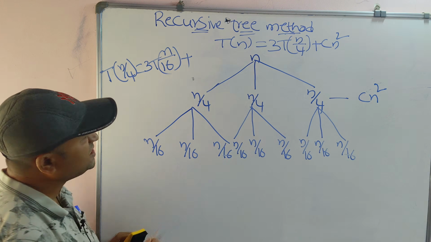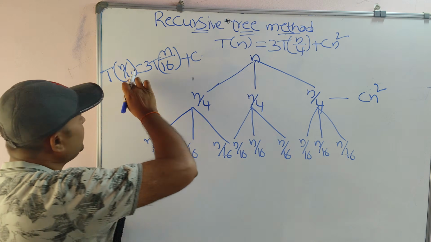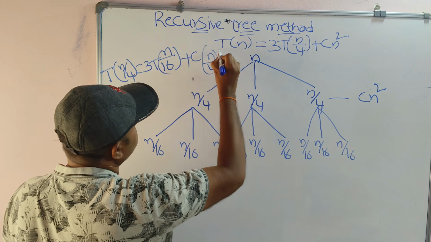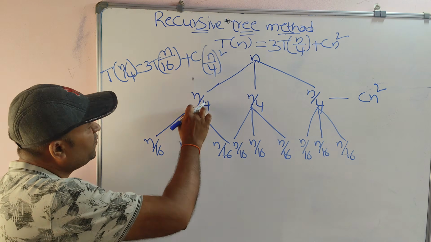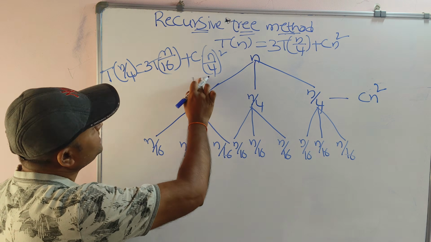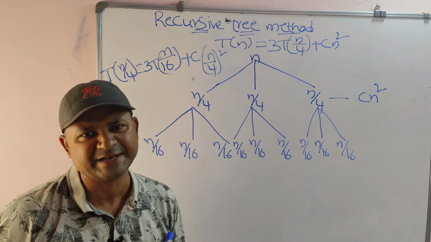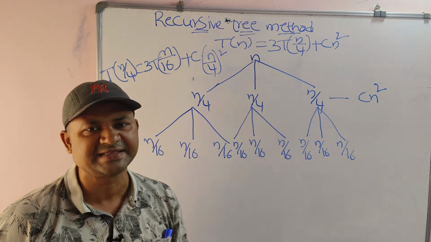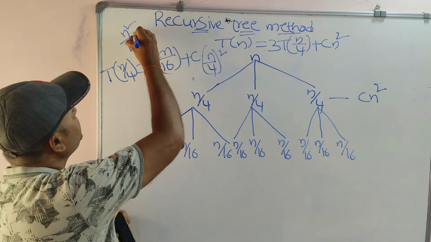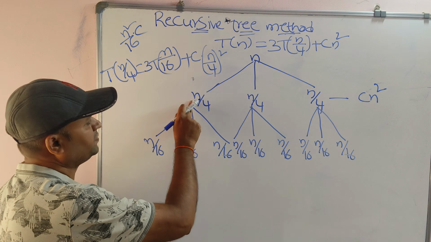Now let us focus on merging. So plus c into, in place of n, we substitute n/4, so (n/4)². That means for this n/4, we require c(n/4)² comparisons for merging. (n/4)² is nothing but n²/16. So n²/16 into c operations are required for this merging.